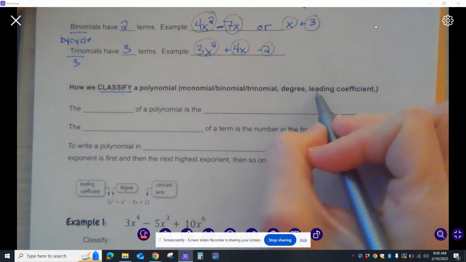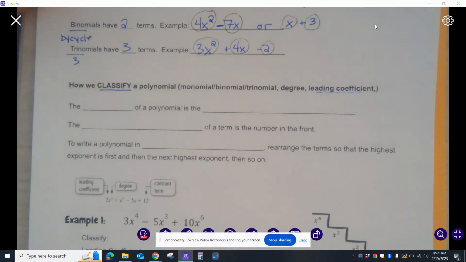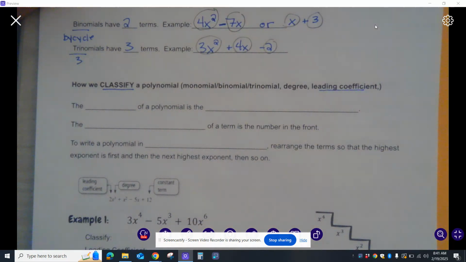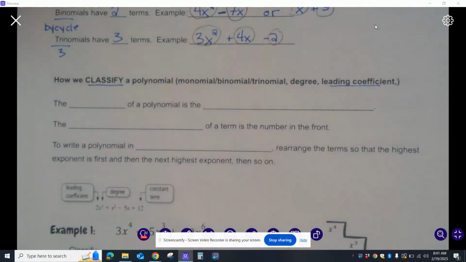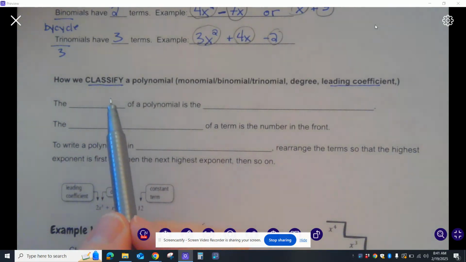So the new one that you haven't learned yet is the leading coefficient. But those are all ways that we classify a polynomial. It's kind of like identifying it. Sort of like, for a person it might be you say their name, you say their age, you maybe say what school they go to if you're classifying, say, a person of your age.